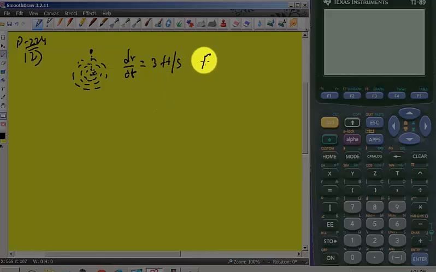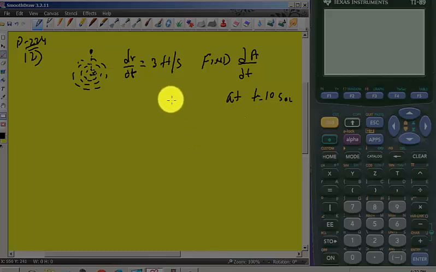So they want me to find how rapidly the enclosed area of the ripple is changing at t equals 10 seconds.